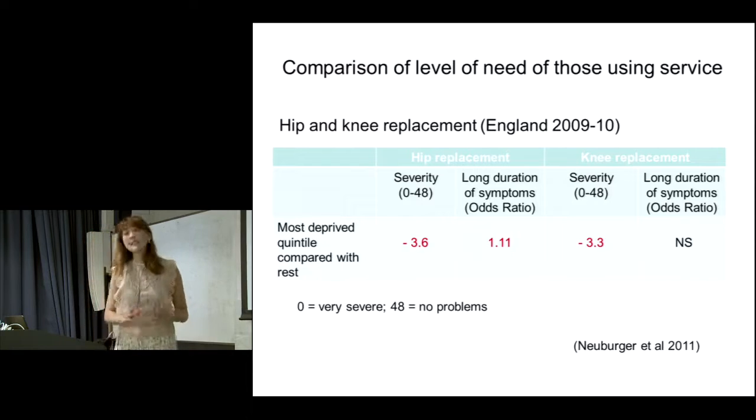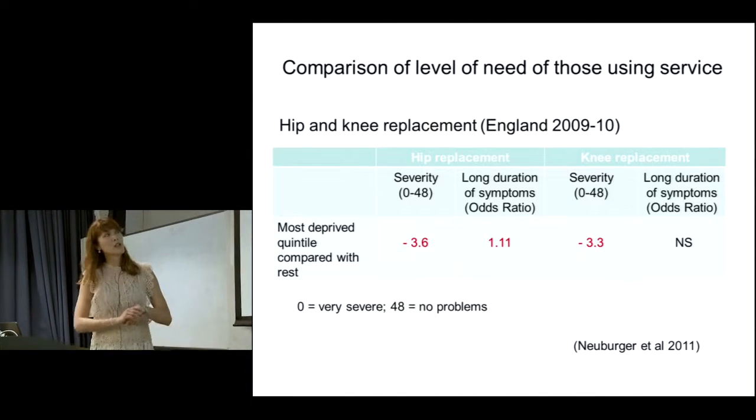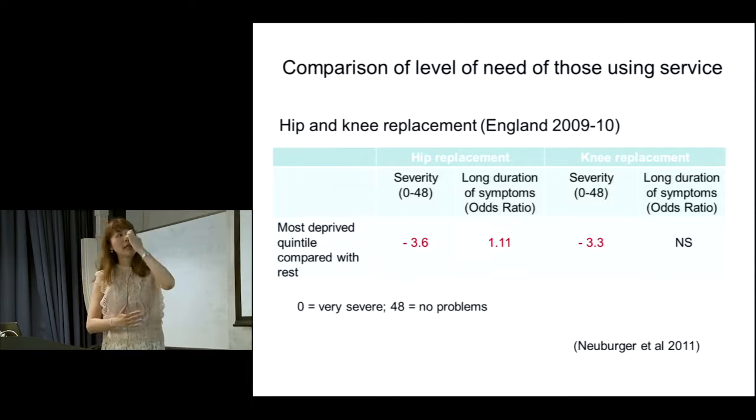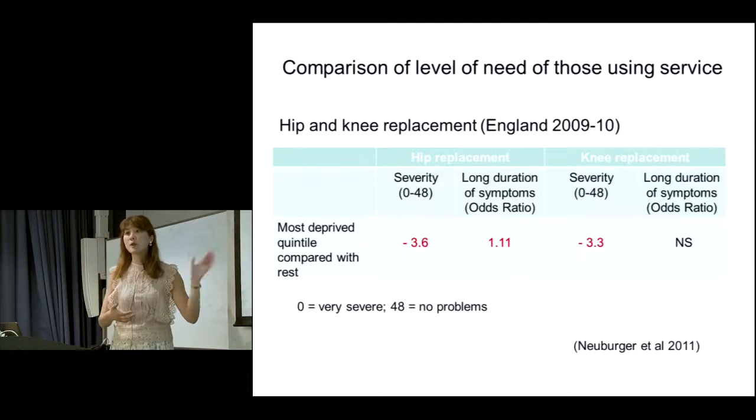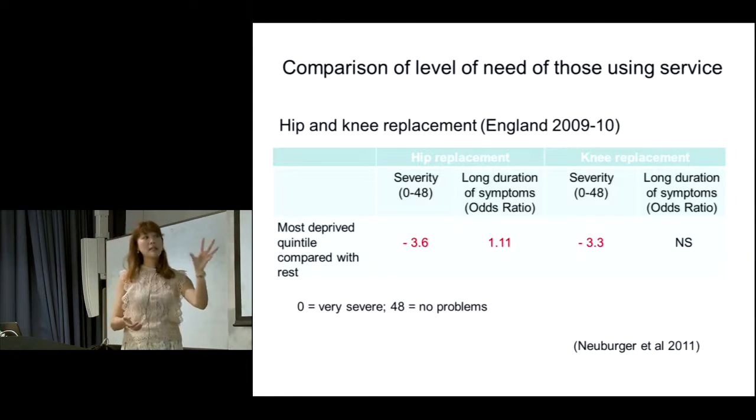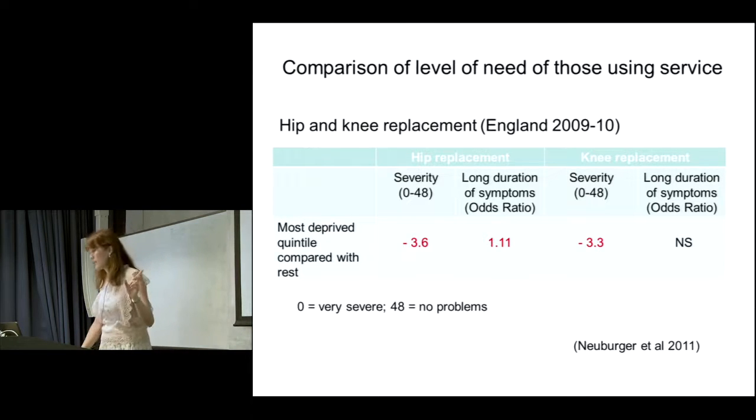This is also interesting. This is from PROMS data. So in England, they do patient-reported outcomes for hip and knee, and they have found that those who are most deprived socioeconomically, in the 20% most deprived in the population, have more severe symptoms.